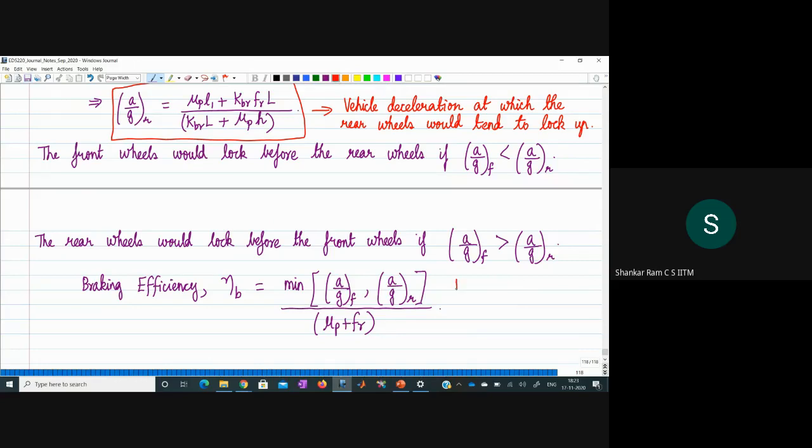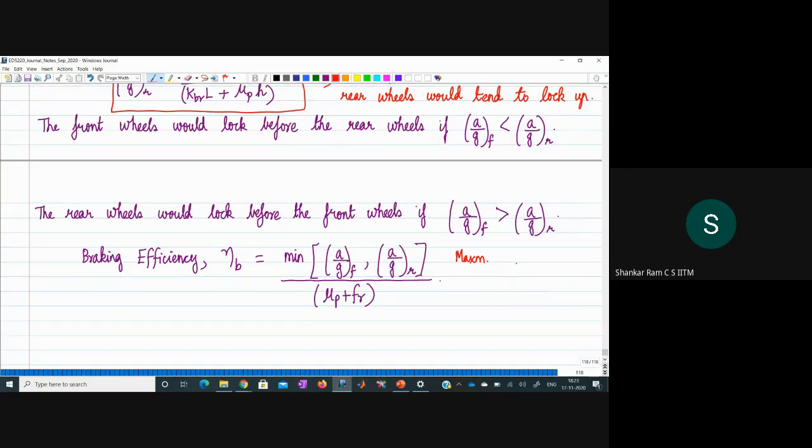So physically, this braking efficiency is indicative of the maximum deceleration, of course normalized by g, achievable prior to any lockup of any wheel, either the front wheel or rear wheel.